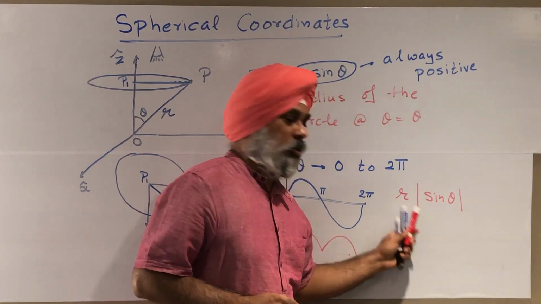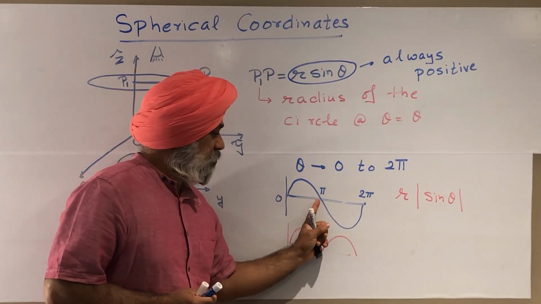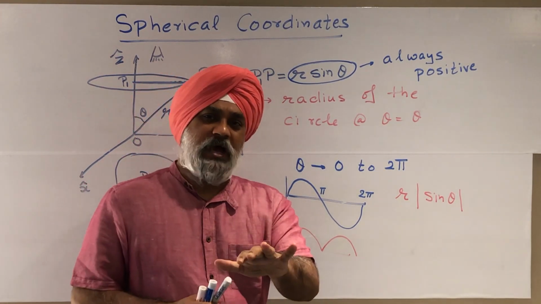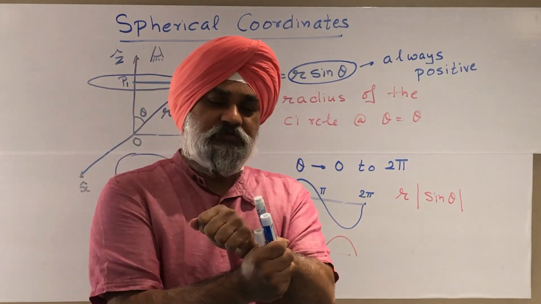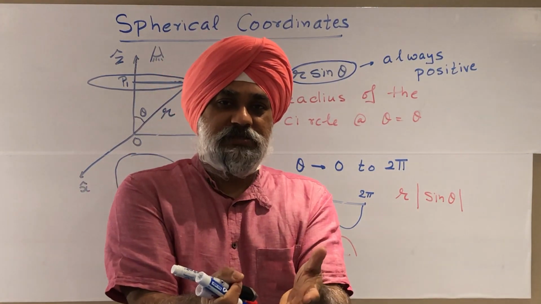I've just added complexity. If I restrict myself from theta 0 to pi, the function is always positive, and I do have an opportunity to make a full sphere by making phi go from 0 to 2 pi. So that keeps it very simple.